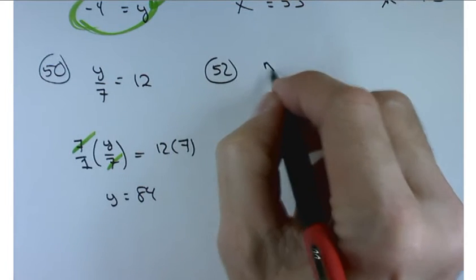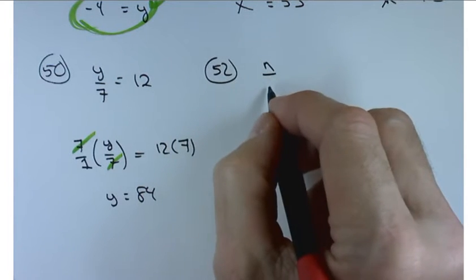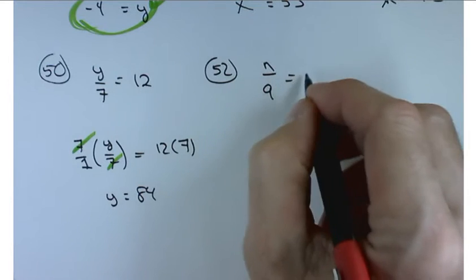Your turn for one like that. n divided by 9 equals negative 2.